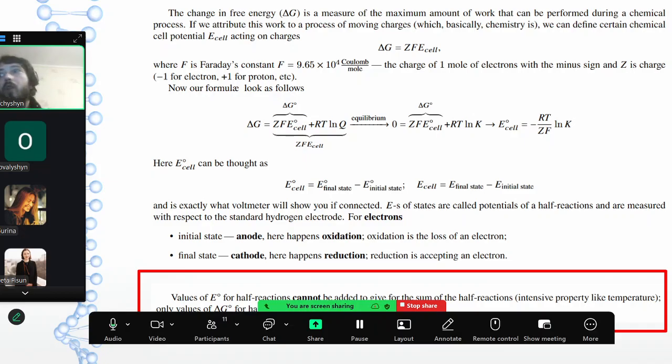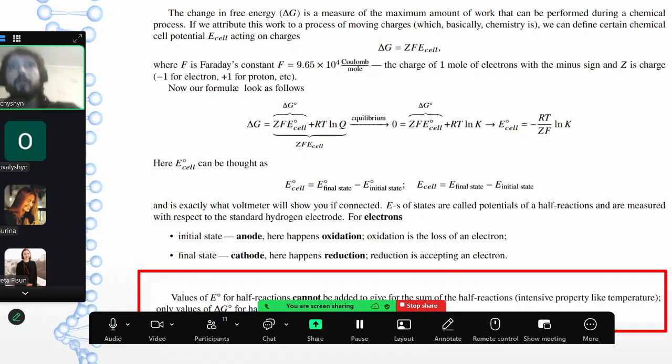Or even you will see a half cell potential. And right now I want to show you how they are obtained and how we perform some calculations with these potentials. You remember that we measure basically everything with the change in free energy, delta G. That's a measure of the maximum amount of work that can be performed during a chemical process.